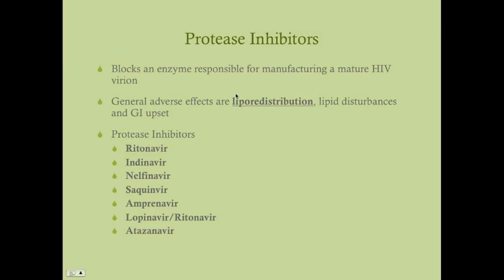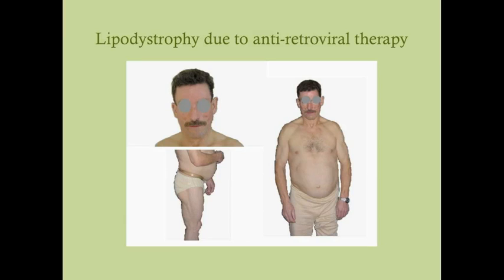So what's important here is liporedistribution, because you'll see this a lot, and lipid disturbances because it's something you're going to want to monitor. If you have a 70-year-old HIV patient, then lipid disturbances can be significant because they're already at risk just by their age of coronary disease. This is a patient who has lipodystrophy due to his anti-retroviral therapy.